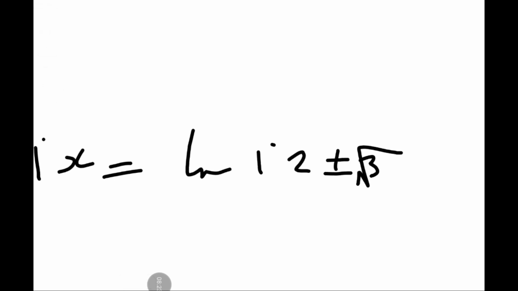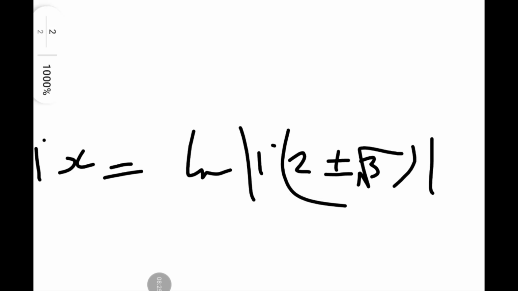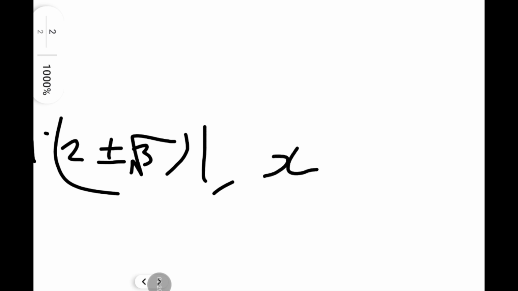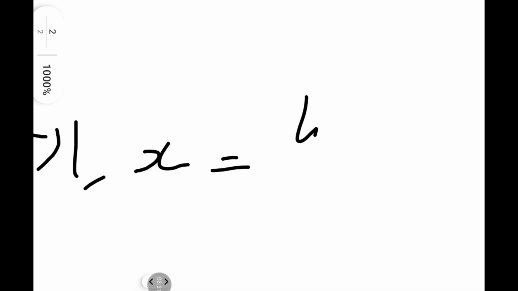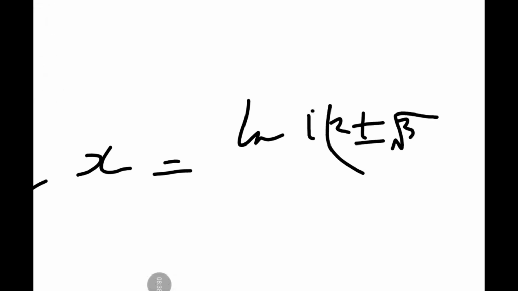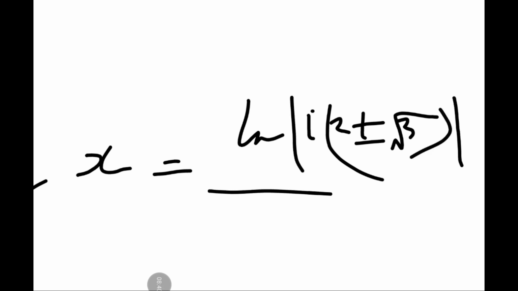You've got the natural logarithm form now. Divide both sides by i, and we get x is equal to ln of i, 2 plus or minus root 3, over i.